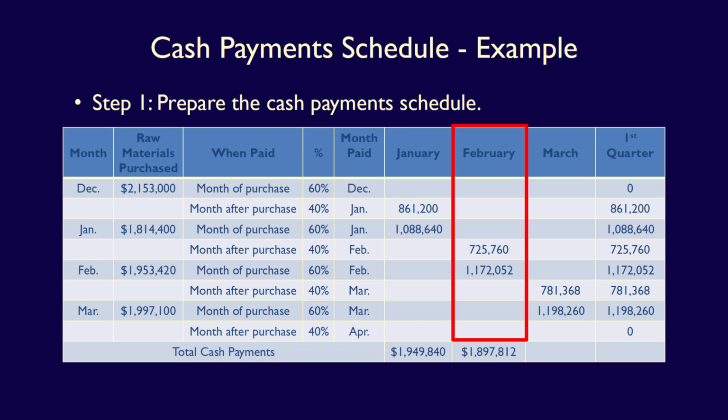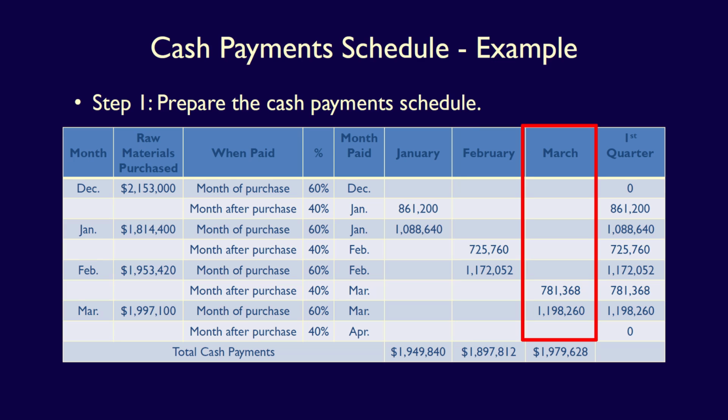Let's do February. $725,760 plus $1,172,052 is equal to $1,897,812. March, $781,368 plus $1,198,260 is equal to $1,979,628.